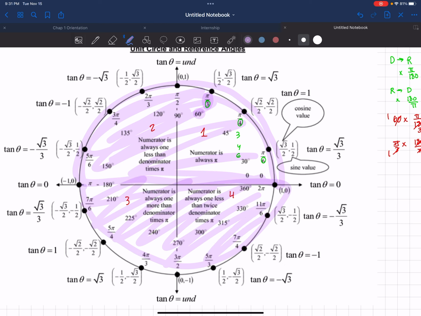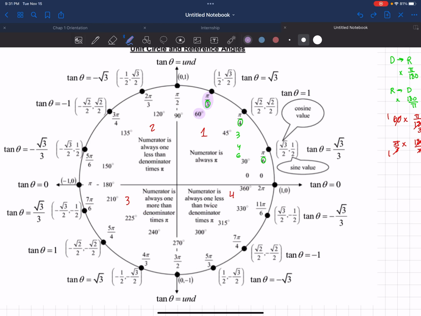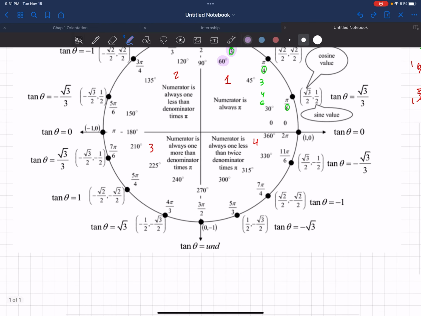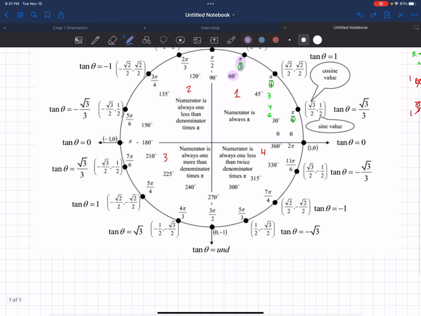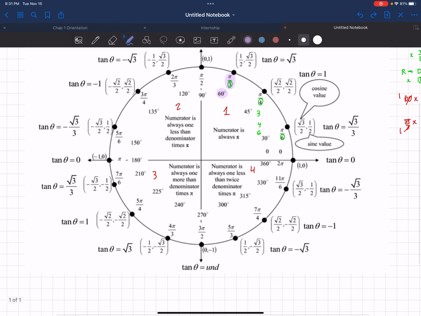So all of that combined makes 2 pi, which is right here. And then this is pi. So half of 2 pi is pi. Correct? I think you should understand that. And then just know this is 3 pi over 2. That's pretty much all you need to know for radians.